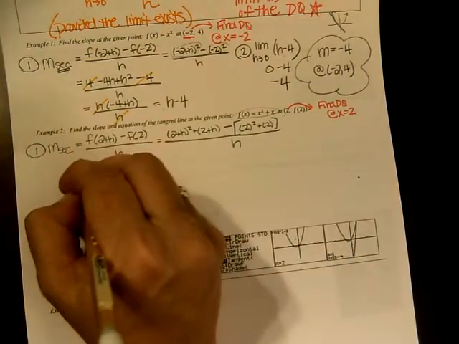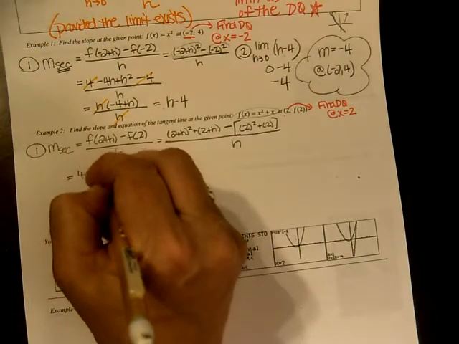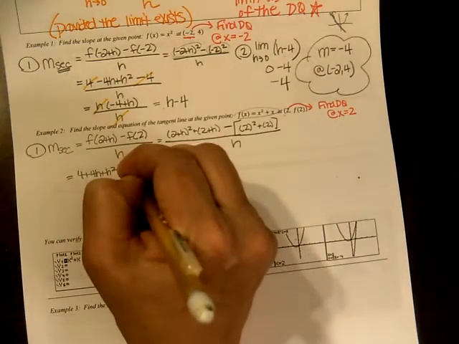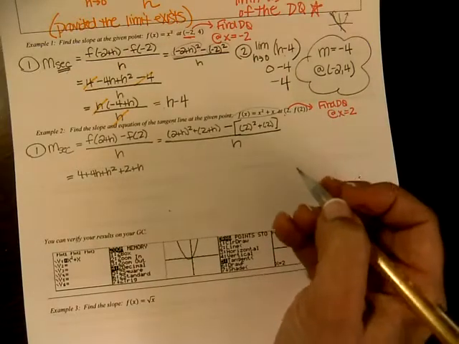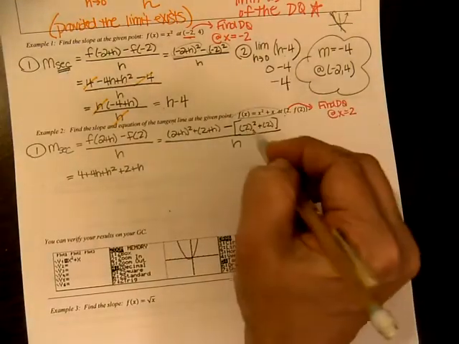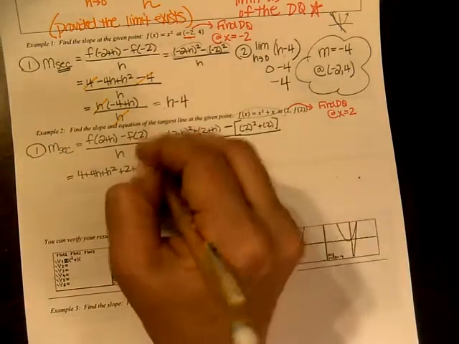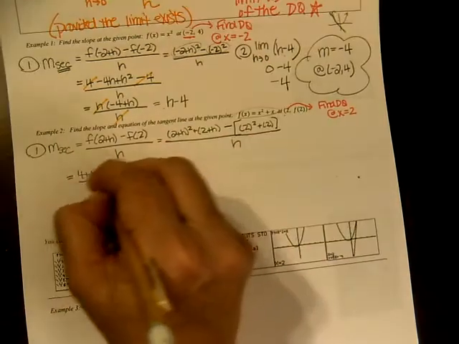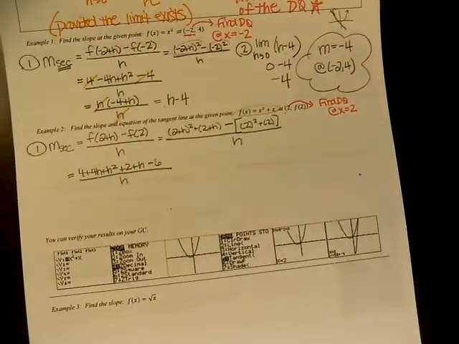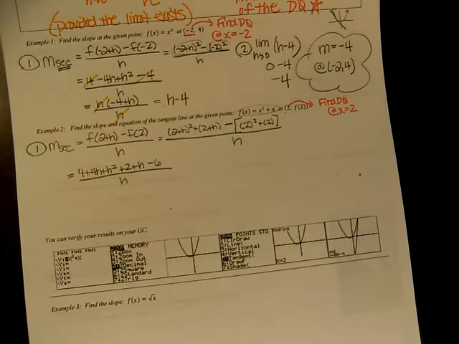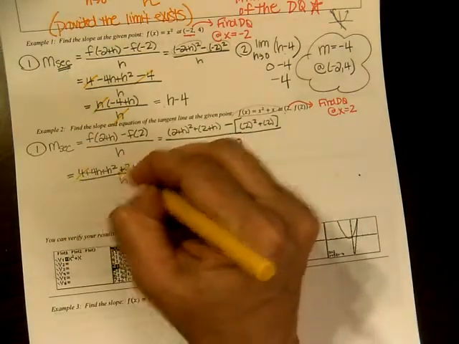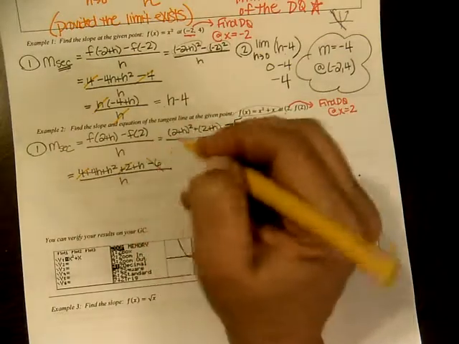So then we can simplify that a little bit. So we get 4 plus 4h plus h squared plus 2 plus h. And then if I do this, 2 squared is 4 plus 2 is 6. So this is really -6. And then all over h. So if I look here, I notice I have +4, +2, and a -6.